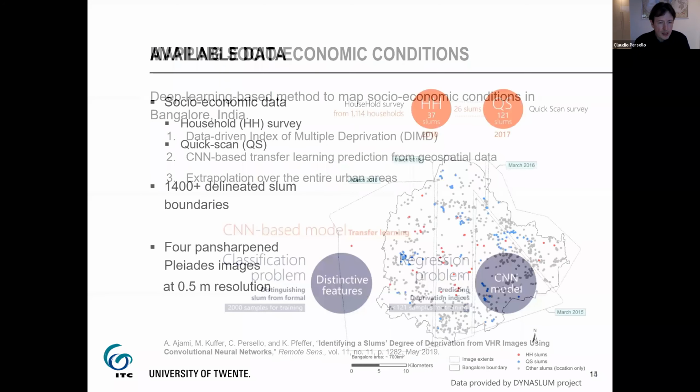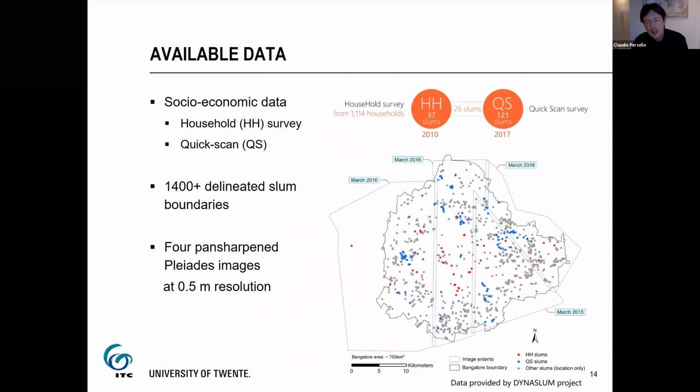So I will just quickly show you the data set that we have used in the study. We had access to quite a rich data set collected on the ground. These are socioeconomic data, and we have two specific data sets. One is what I call the HH, household survey-based data set, where basically the household people have been interviewed and several pieces of information about the household have been collected.